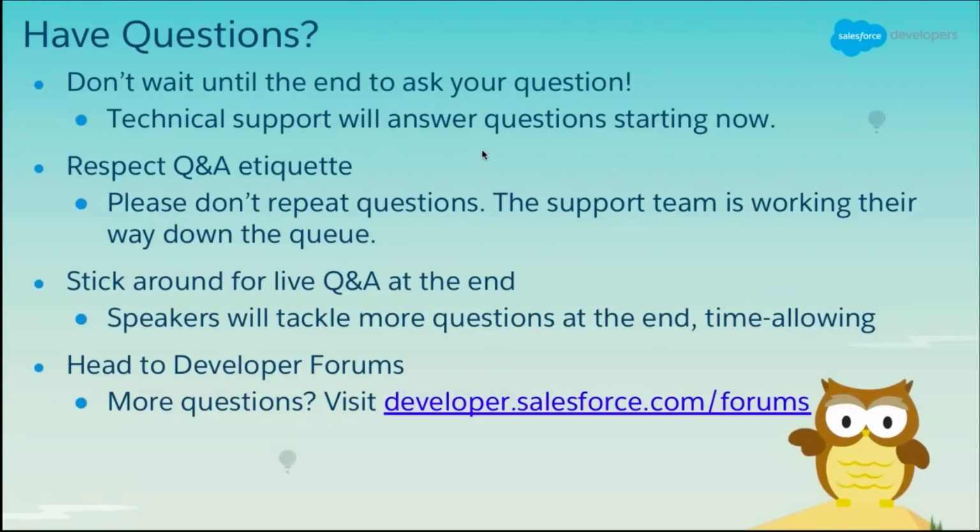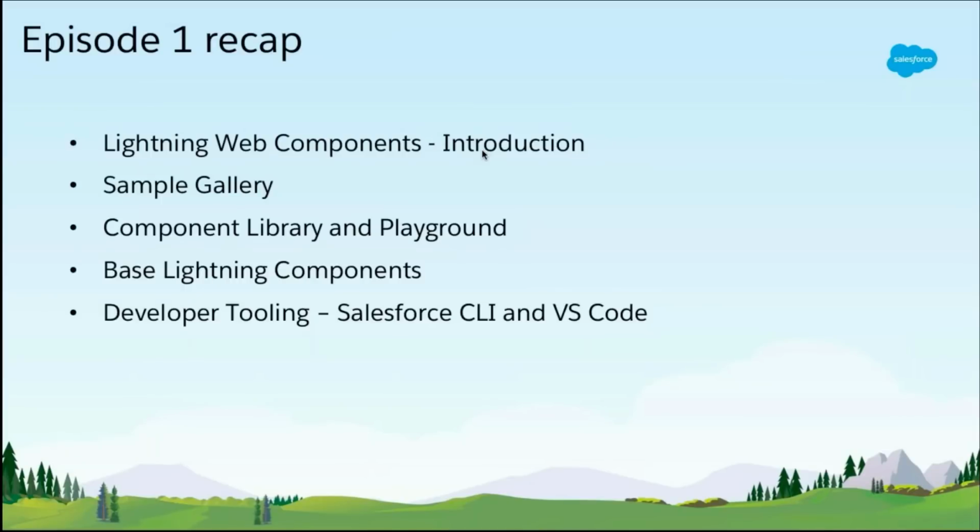Satya, can you just give us a recap of what happened in episode 1 before we move on? Sure, Shashank. As you all know, in episode 1 of our Lightning Web Components webinar series, we talked about the introduction of the Lightning Web Components and why we need them. Then we also talked about the sample gallery; we use the recipes app from the sample gallery a lot, even in our first episode and in the upcoming episodes as well.